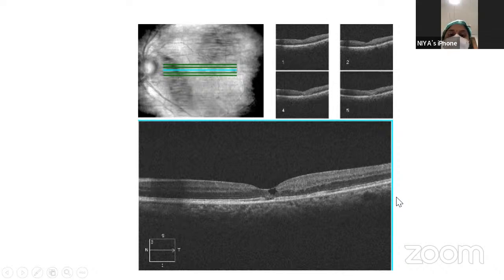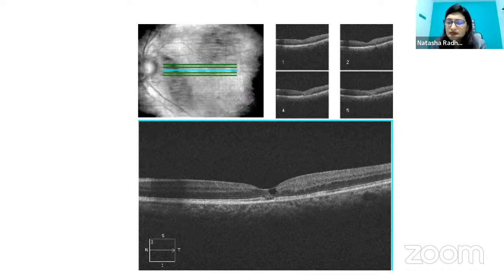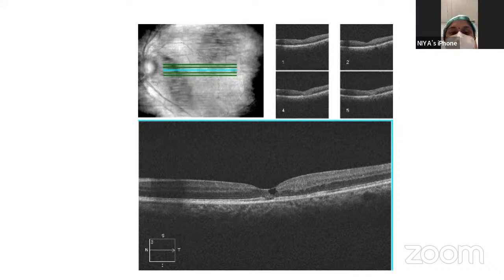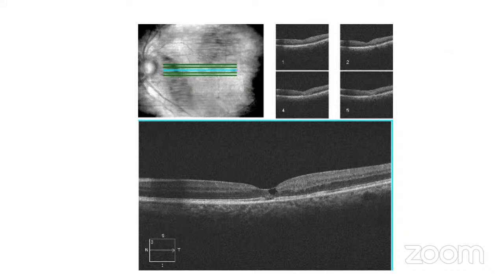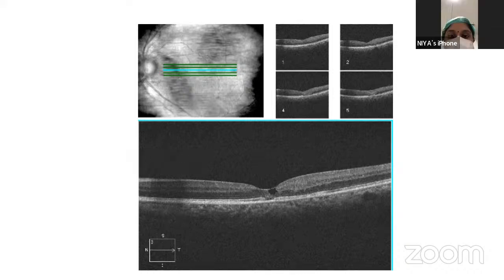This is the OCT image of the left eye of the patient, showing normal retinal interface, and fovea at the inner nuclear layer, as well as disruption of the ellipsoid zone.